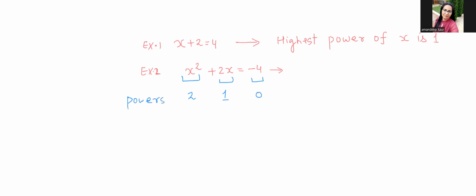The highest power here is 2. So if in any equation the highest power is 2, we call that equation a quadratic equation.